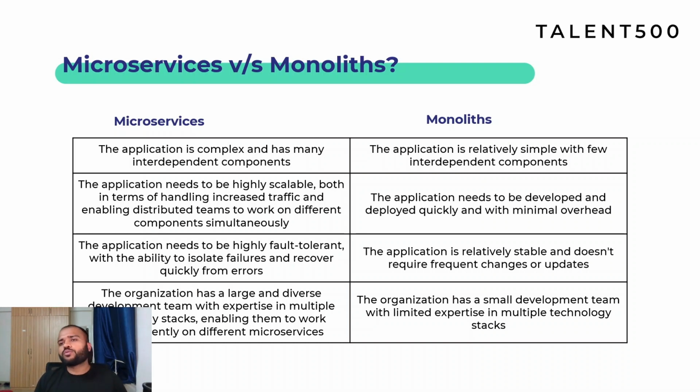The second is you want to have a highly scalable application, both in terms of deployment, like they need to handle increased traffic, and also enabling distributed teams to quickly go on to developing and delivering the product, right?